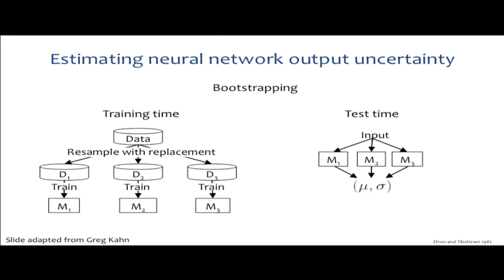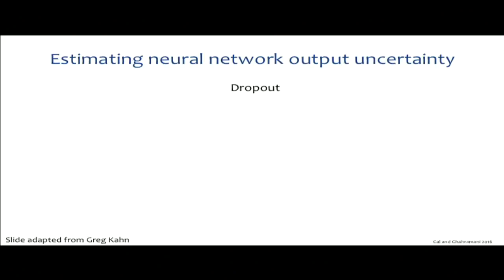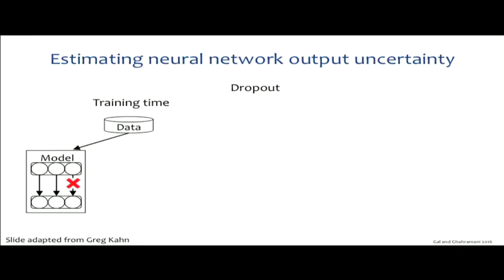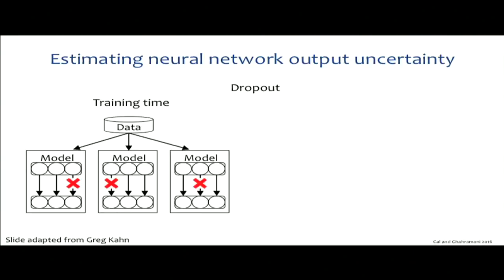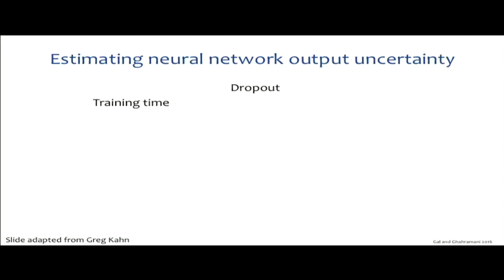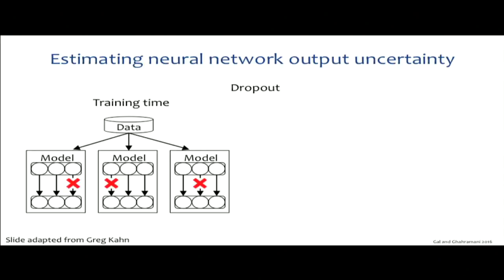In addition to bootstrapping, this paper also uses dropout, which has been shown to be an approximation of Bayesian neural networks. The way this works is that at training time, instead of training n different models, you drop out different connections. You're randomly dropping out different parts of the model to get different outputs.